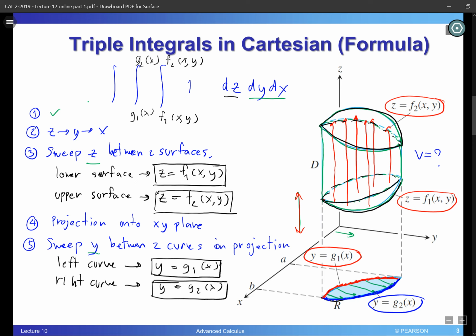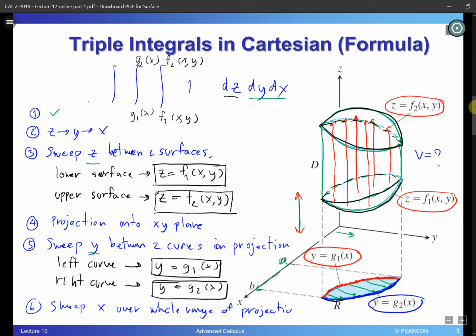Okay, now last step 6, sweep the last variable x over the whole range of the projection. Now you can see on this projection that the range of x starts from a to b, in this direction.